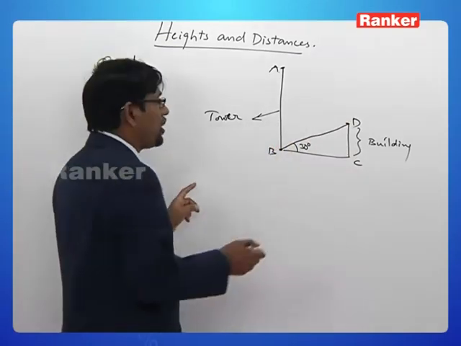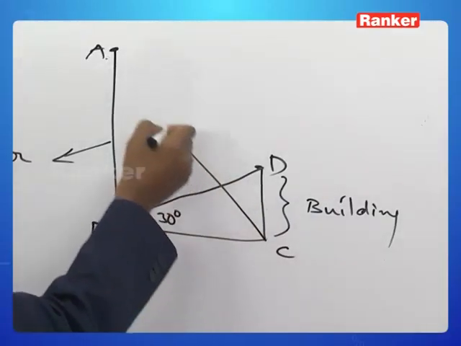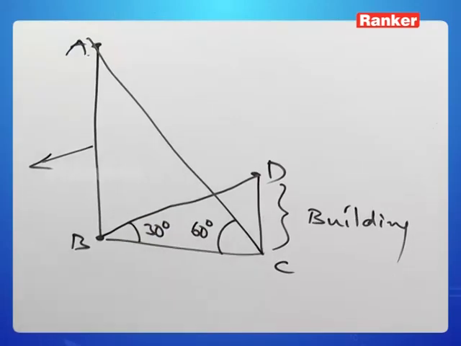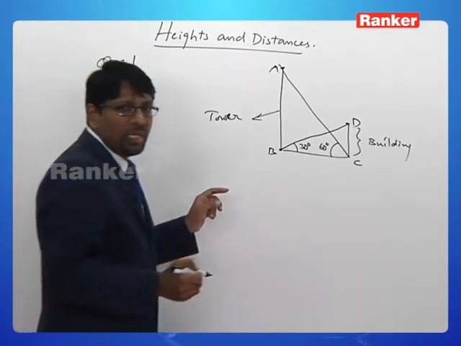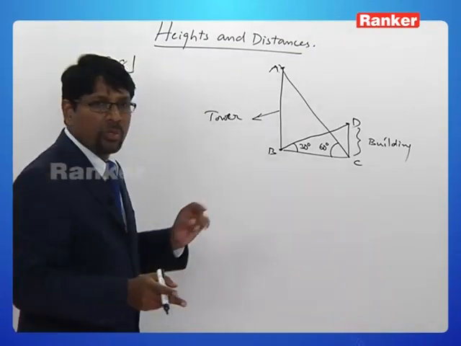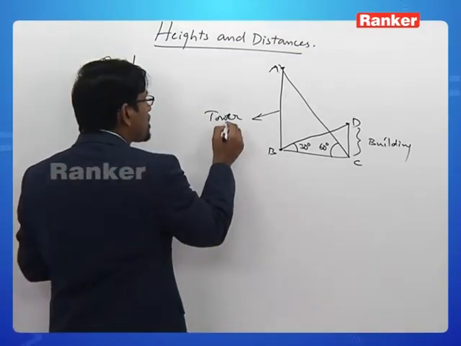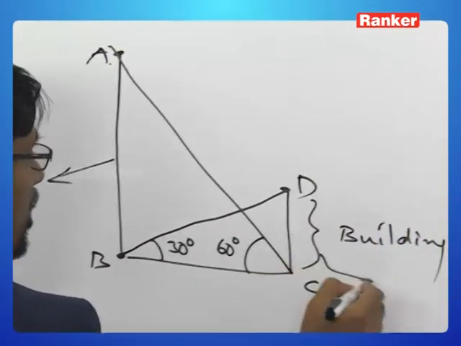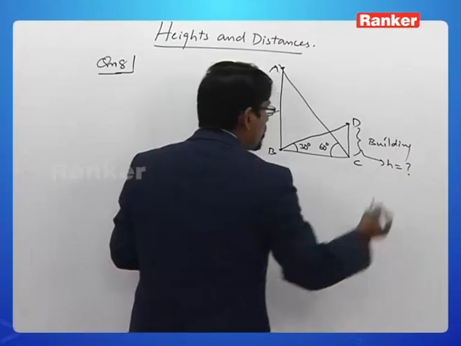And the reverse, this angle is 60 degrees. The height of the tower is known to be 50 meters. We've got to find out the height of the building. H is what we want.